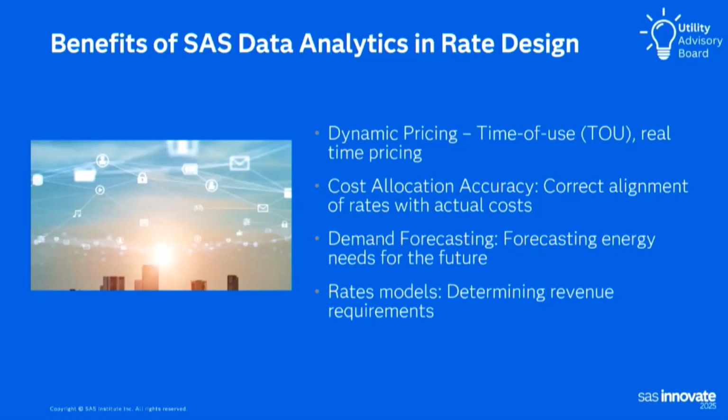For example, it supports dynamic pricing models like time of use and real-time pricing, which send better price signals to customers, and it also improves cost allocation, helping ensure each customer class pays its fair share based on actual usage patterns. With better demand forecasting, we can plan for future energy needs more accurately, and with data-driven rate models, we can determine our revenue requirements.